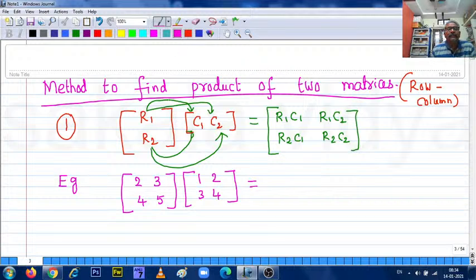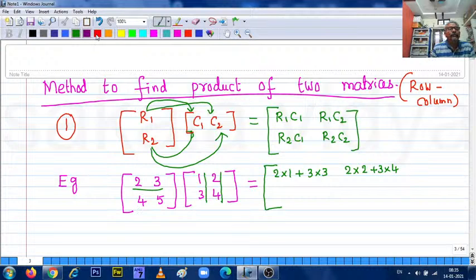First take R1 into C1: 2 into 1 plus 3 into 3. Next R1 into C2: 2 into 2 plus 3 into 4.